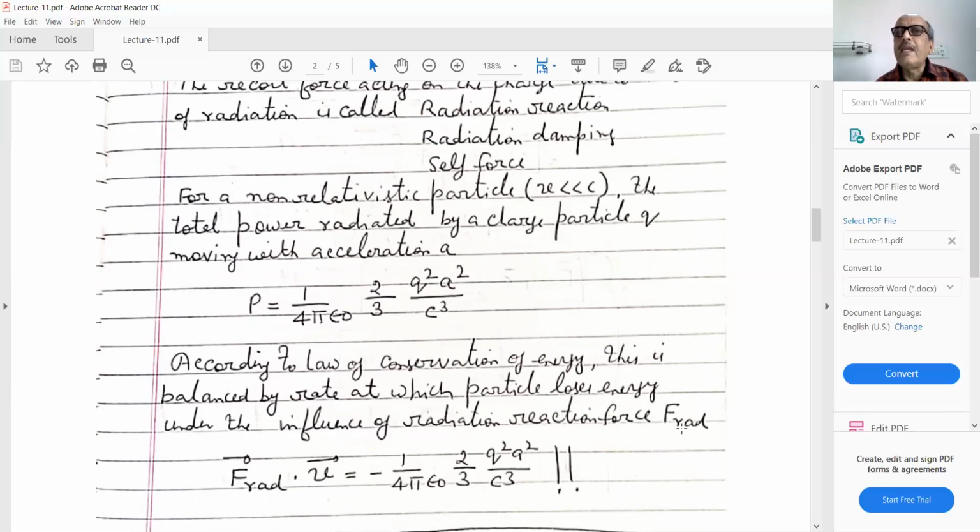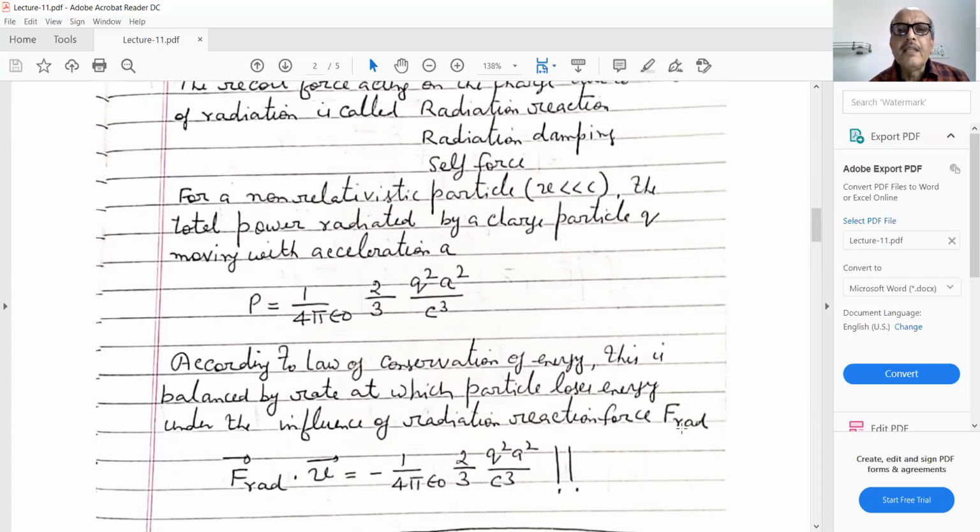The work done by a force in displacing a particle by a distance dr is F into dr. If you find the rate of work done, it will be F into dr by dt, and dr by dt becomes the velocity. So the rate of doing work by a force acting on a charged particle is F radiation dot v, and it must be equal to the power radiated by the charged particle.